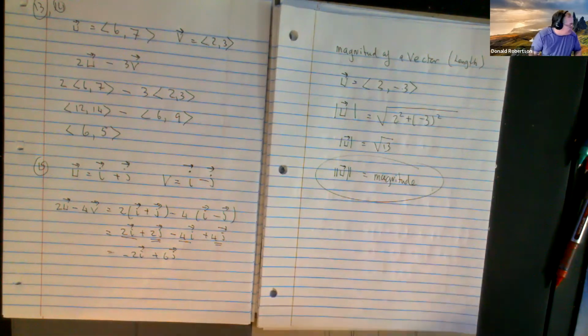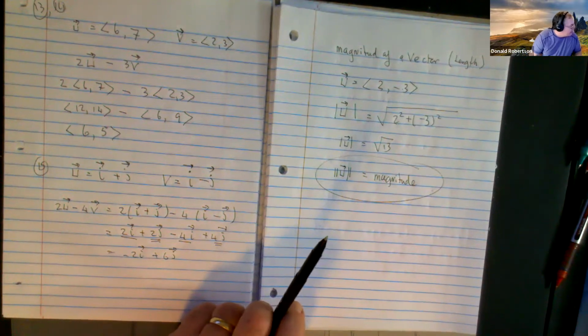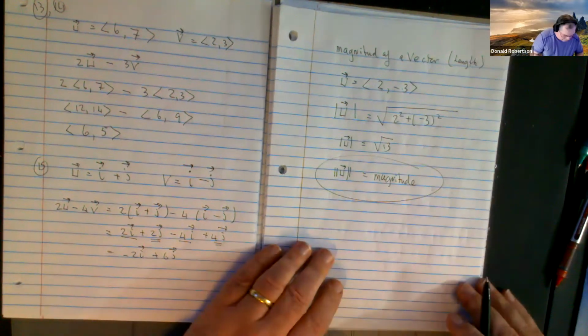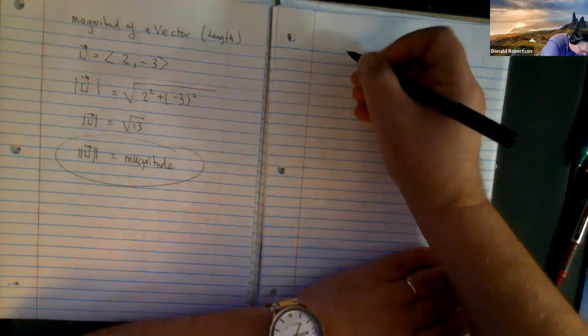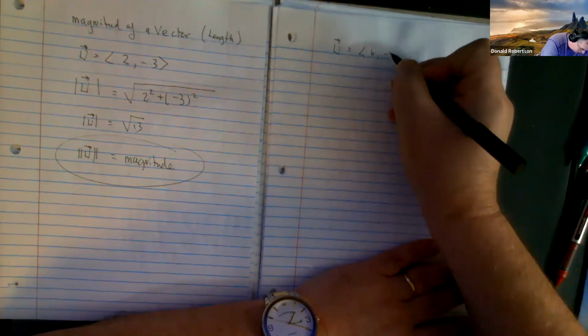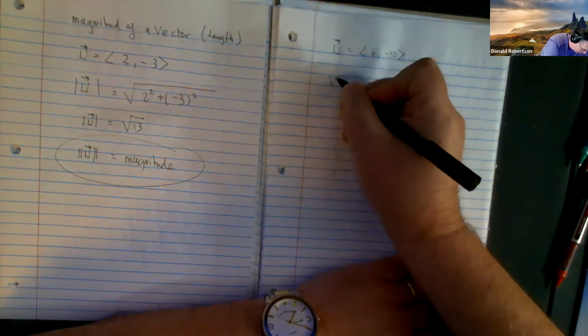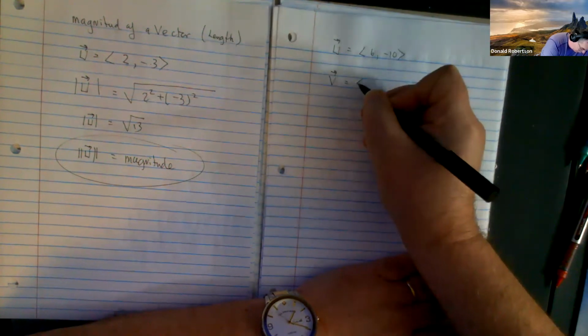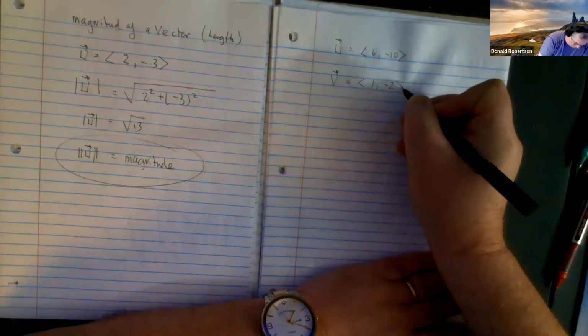Now, let's do some examples of magnitude. Let's have a vector u equals (6, -10), and a vector v, which is going to be (1, -2).